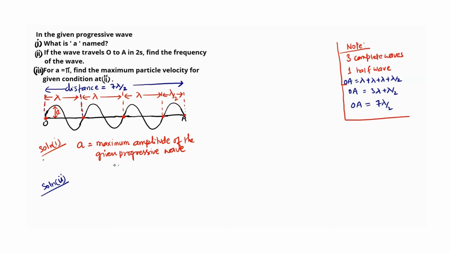So I'm writing, when the wave travels OA, it covers length or distance 7 lambda by 2 in 2 seconds.